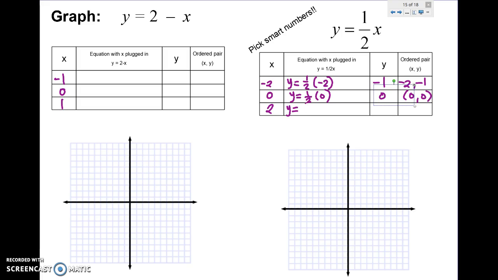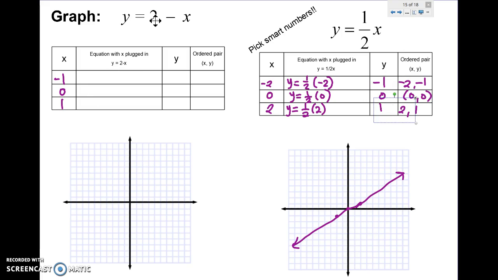Plug in 2, so 1/2 times 2, which gives me 1 for y, and my ordered pair is 2, 1. And then I can graph that: -2, -1, 0, 0, 2, 1. Connect my points. Sorry, that's not very straight. And it makes my line. So you see I picked smart numbers and that gave me no fractions.